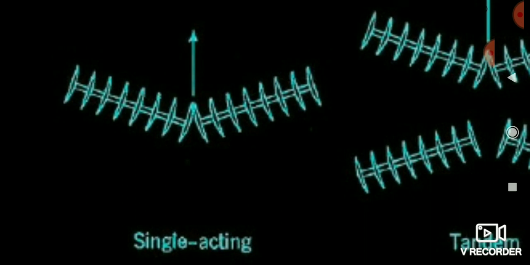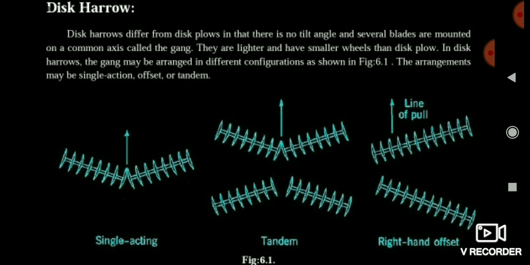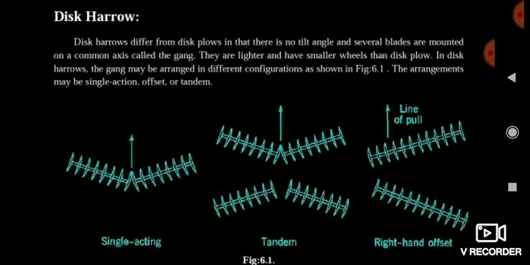Means V is made up of 2 axes, 2 hands like axes. So here you can clearly understand that for making the single acting disc harrow, 2 gangs are present. Means 2 axes are present. Gangs are simply the axes.